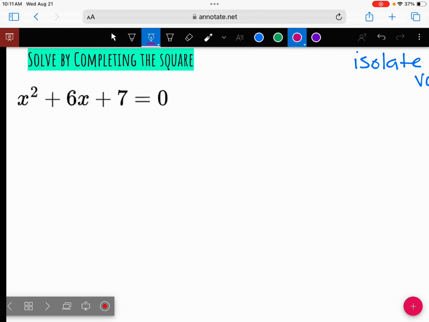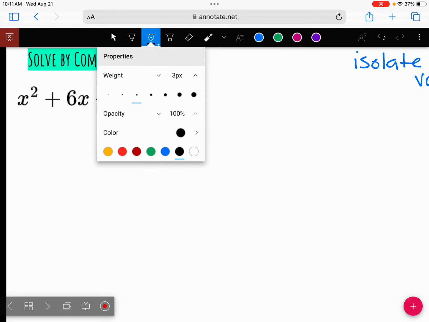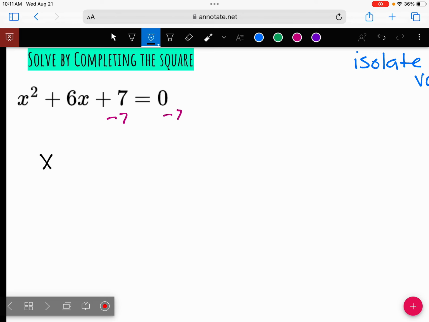So I'm going to start by subtracting 7 from both sides. So that's going to give me x squared plus 6x. I'm going to leave a gap. Then I'm going to put my equals negative 7. I know we don't know why yet, but questions on that step?